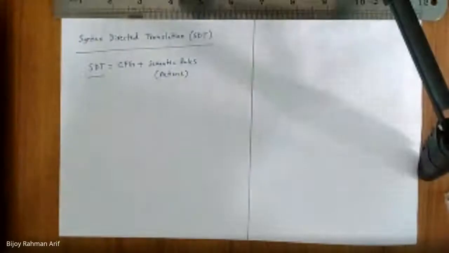Without SDT, we cannot find out the result. Without SDT, context-free grammar is a body without soul. So SDT is important. We have seen 2 examples of how to perform SDT in a bottom-up parser and in a top-down parser. So let's do some more examples.